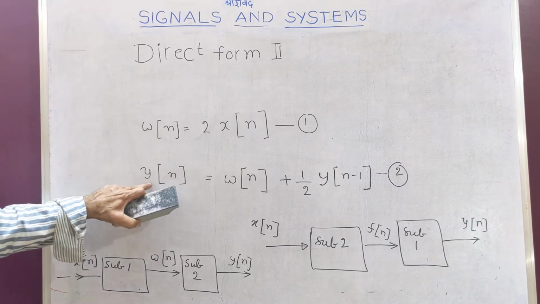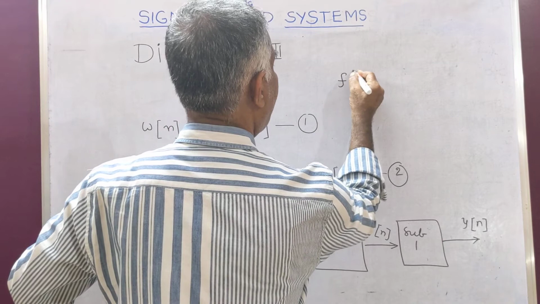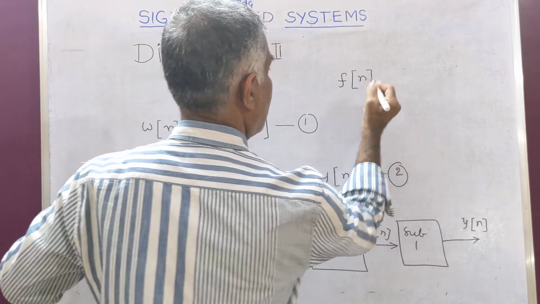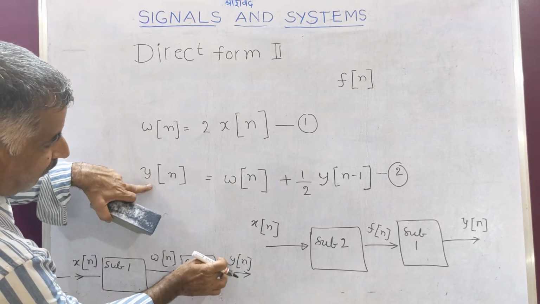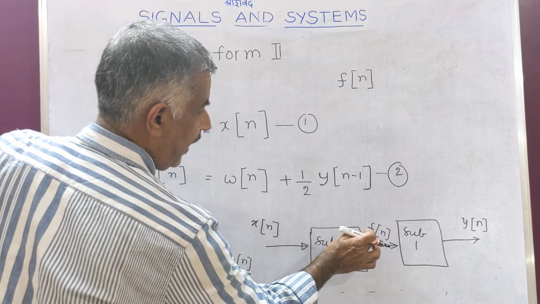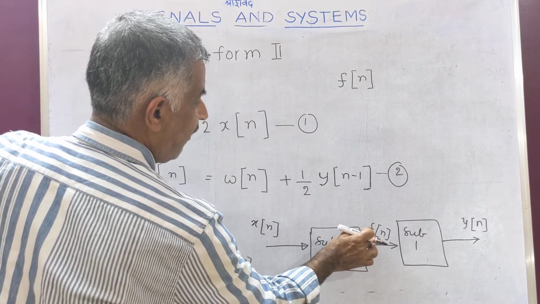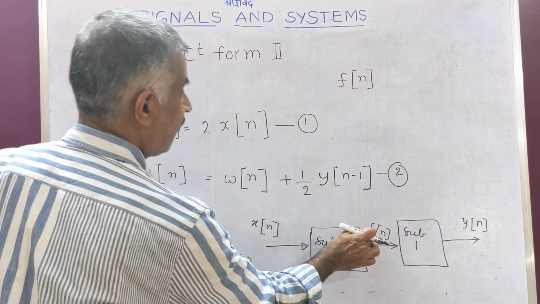So for y of n, I have to write f of n. Earlier y of n was here, now it has occupied a position here, and in its place there is f of n. Therefore, y of n is to be replaced by f of n.